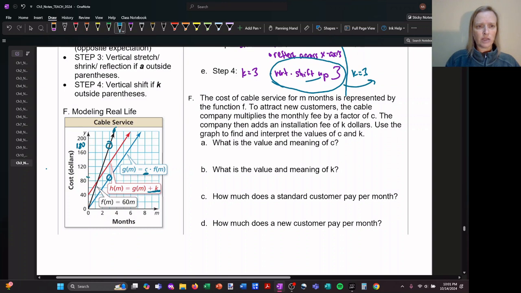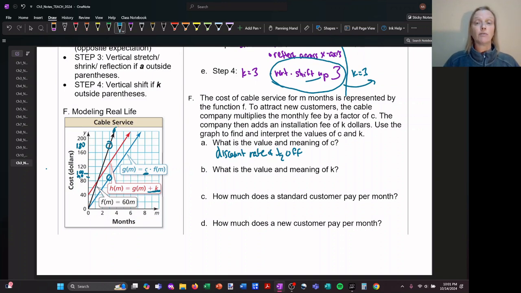That's actually, let's see, if this here is 100, then the line in between is 90. So we seem to be cutting the value in half. So we're taking that c value as some sort of discount rate of like half off. Okay. So the cable company has their normal charge, and then they're offering somebody this 50% discount, this half off special.